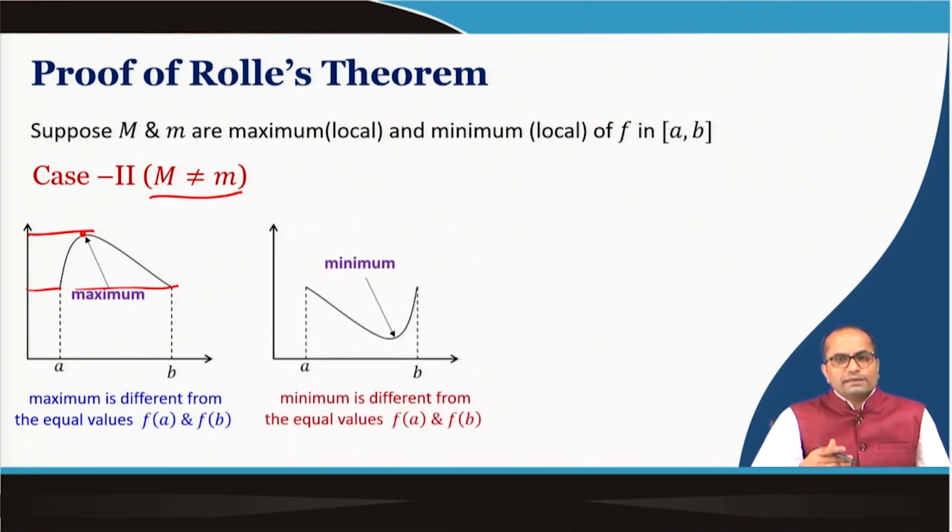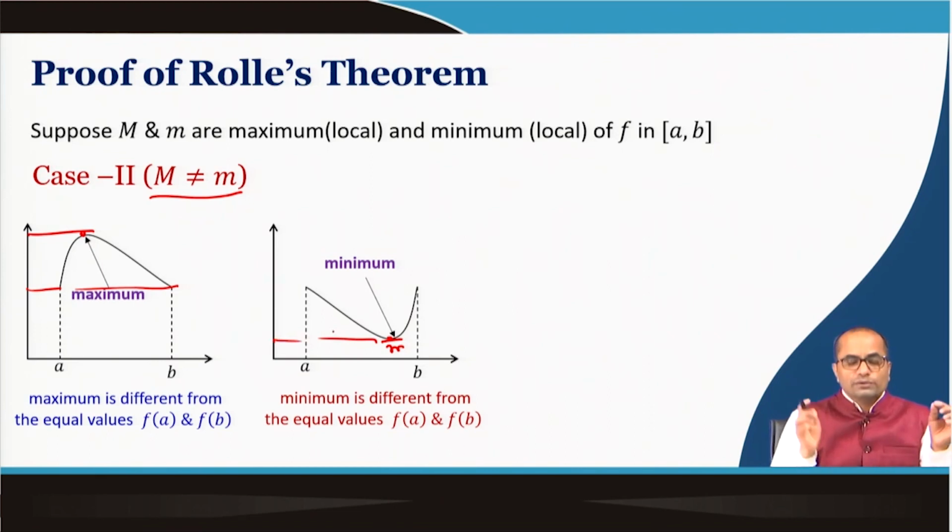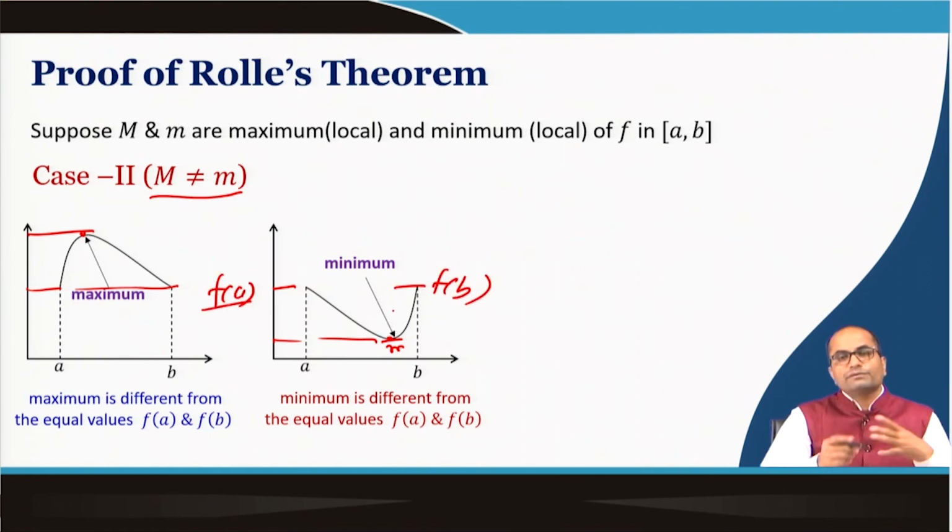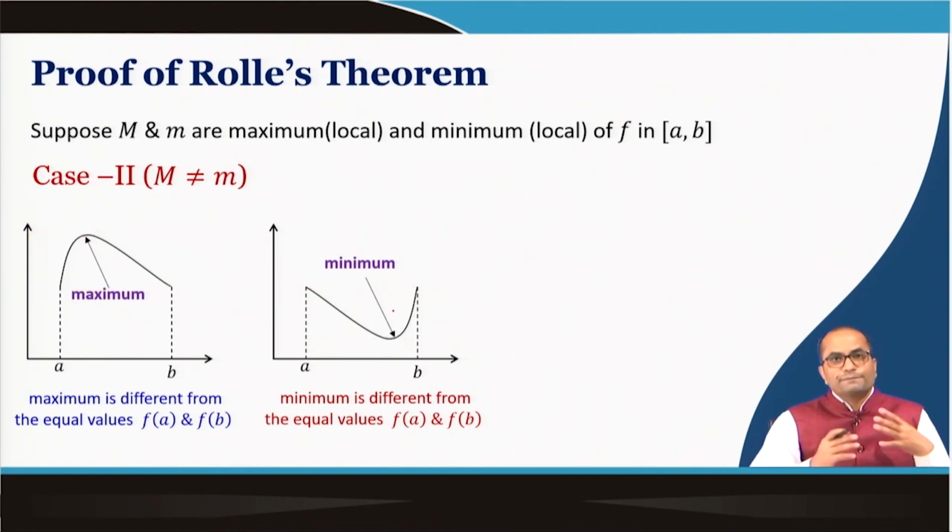Or it may happen that there is a function of this nature where you have the minimum. So, small m is here, but this small m is also different from the equal value, f a or f b.